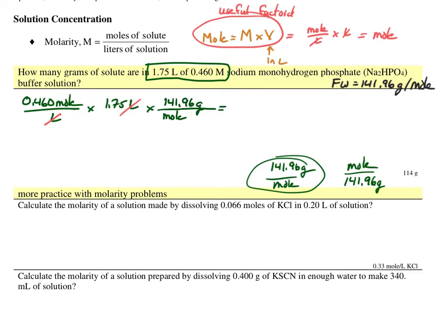That tells us that we're going to multiply by the formula weight in this case. We do our math, we end up with 114.2778 grams. Now we'll go back and do sig figs. We have 3 sig figs in this initial number, 3 sig figs here. This has 5. This is all multiplication, so we're going to be limited to 3 sig figs. Our final answer is 114 grams.